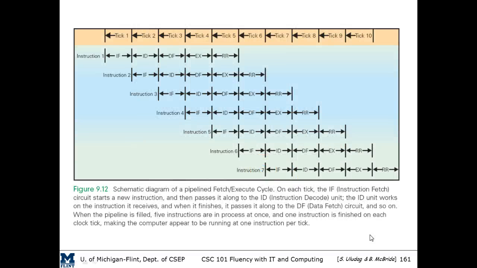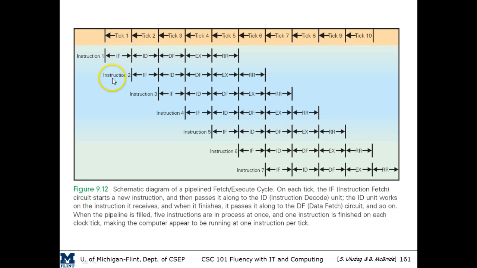So let me explain pipelining by reminding you of the 5 steps of the fetch execute cycle. First, we have the instruction fetch, followed by the instruction decode, the data fetch, the execution of the instruction, and the result return. Now, each of those 5 stages in the pipelining process are going to be stacked up with new instructions that follow each of the stages as a stage is complete.